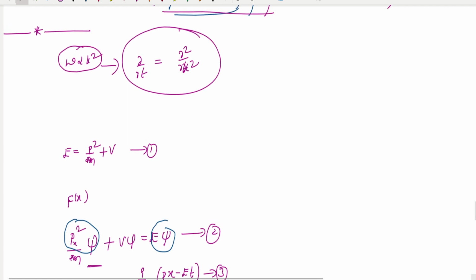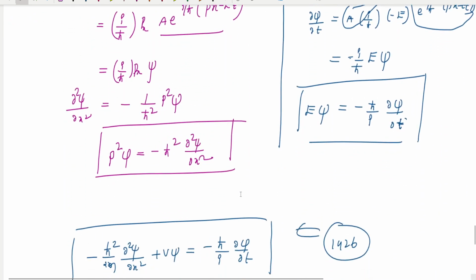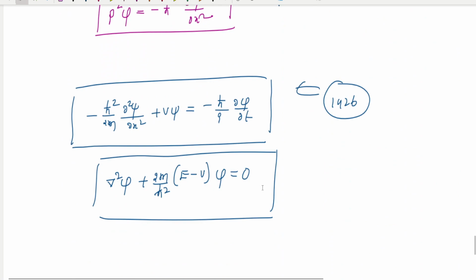So this is all about the derivation of the Schrodinger wave equation. Next class, I'm going to apply the Schrodinger wave equation to different types of one-dimensional problems and solve for the eigenvalues and eigenfunctions. Simply, I'm going to use the Schrodinger equation for different types of potentials.